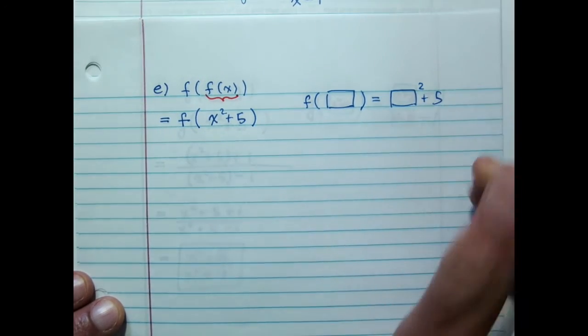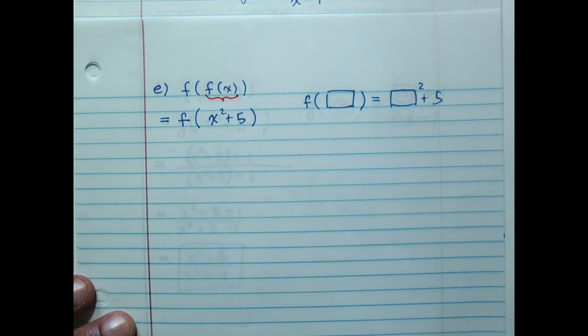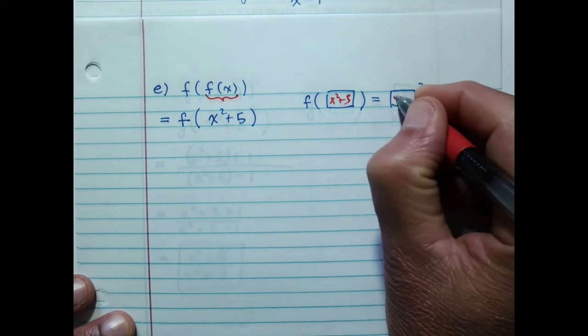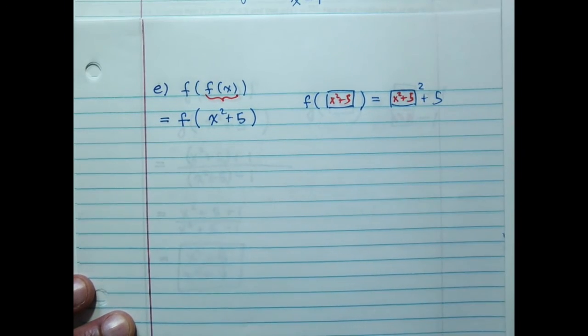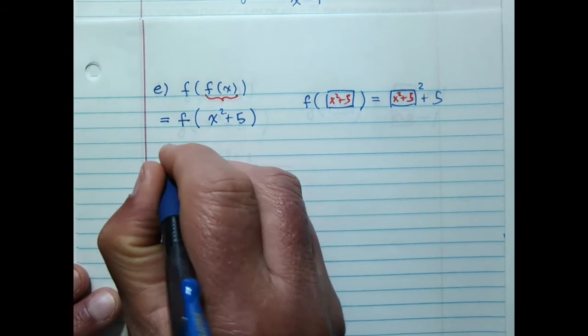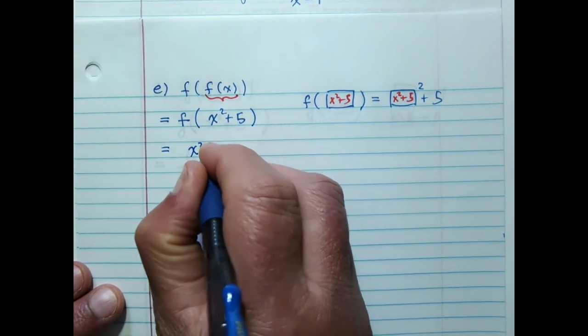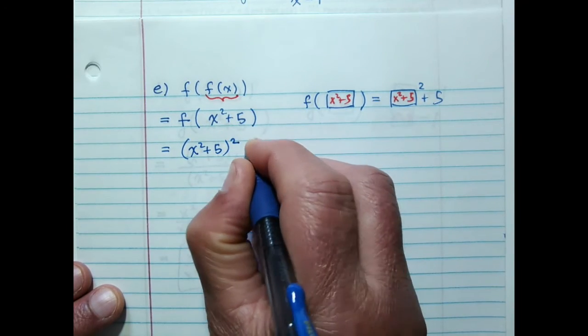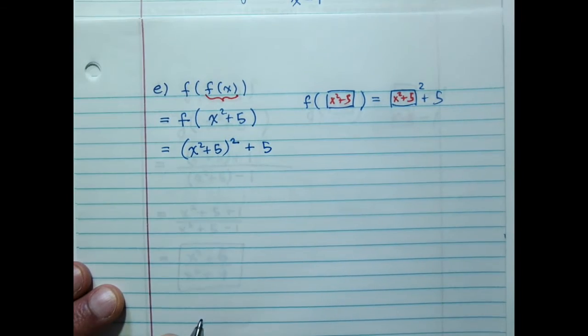So I'm thinking of f in a more abstract way. If I put x squared plus 5 here, x squared plus 5 here, what I end up with is x squared plus 5 in parentheses squared plus 5.